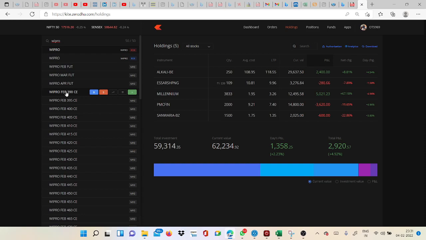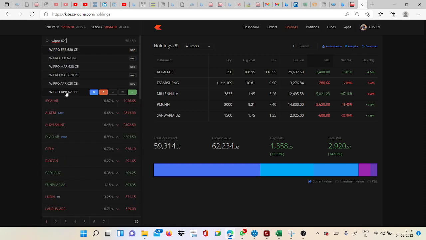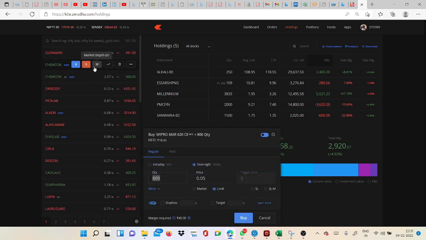Let's say we are very bullish on Wipro and we are looking at a strike price of 620. We expect it to achieve this price in the month of March, because after March comes April, which is again the earnings season where the companies declare their earnings. That is why you are very bullish on it, and now you have decided to purchase it.